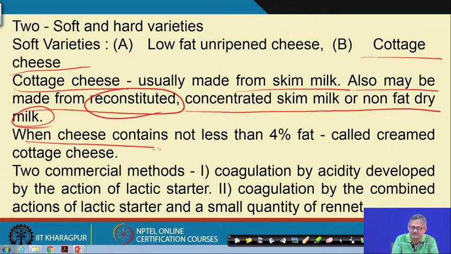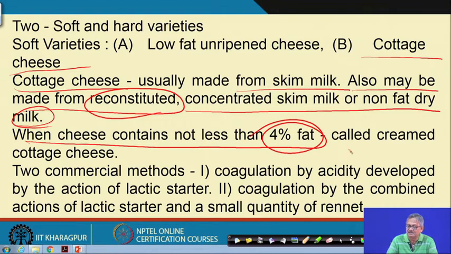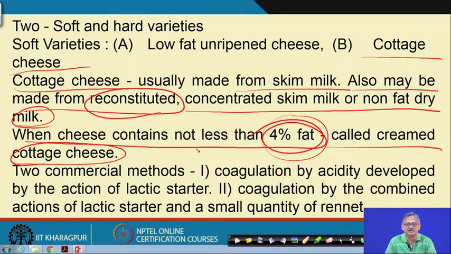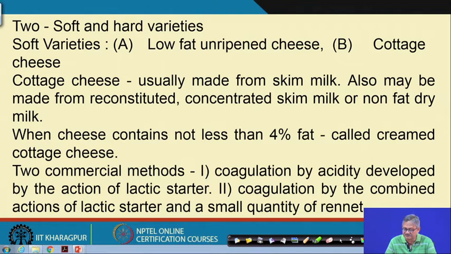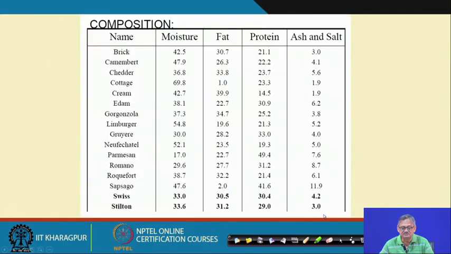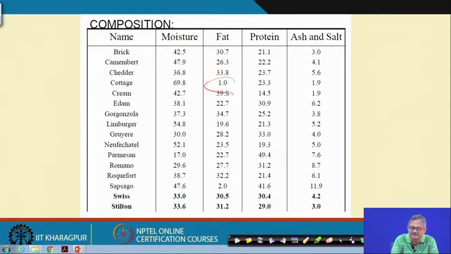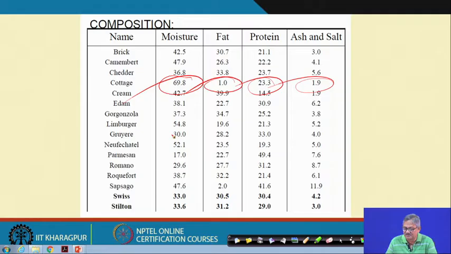When cheese contains not less than 4% fat, this is called creamed cottage cheese. So minimum 4%. If you have seen earlier what we had given here, for cottage cheese the fat content is around 1%, whereas moisture is around 70%, protein is around say 24%, and ash content is around 2%, right.